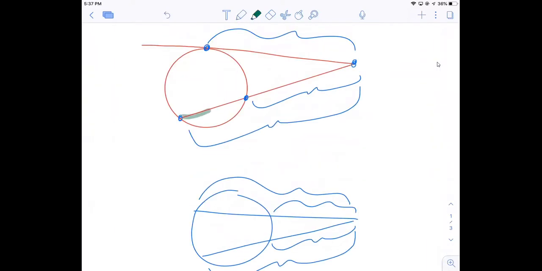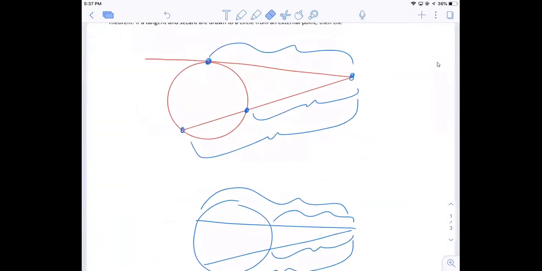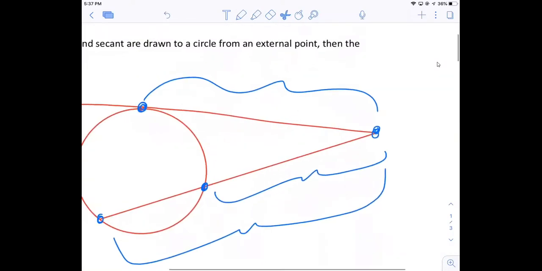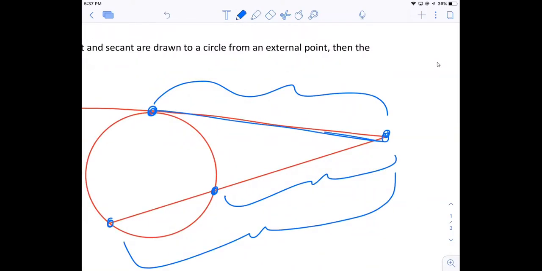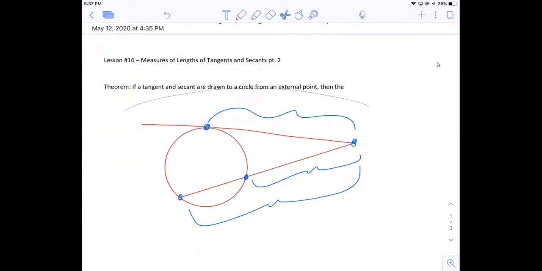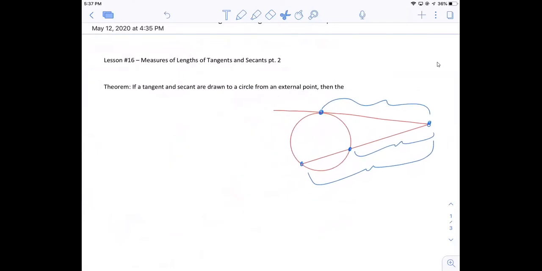We're measuring the entire length of the secant and its external segment as well. And with a tangent, we don't really have two parts, do we? We only have the length of this tangent, so we're going to be measuring just that piece. So if you haven't already, go ahead and draw this in your calculators and see if you can figure out the relationship.